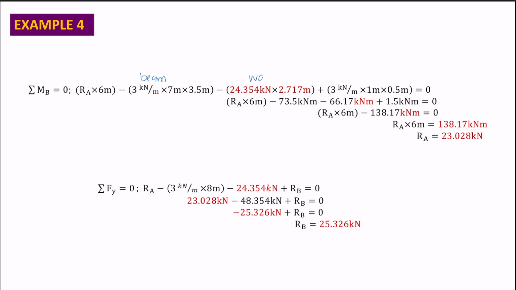This is the wall. And ini adalah beam yang arah jam, ya. So sama sahaja macam yang saya dah tulis dekat depan. And we can simplify the calculation and get the value of RA 23.028 kilonewton.